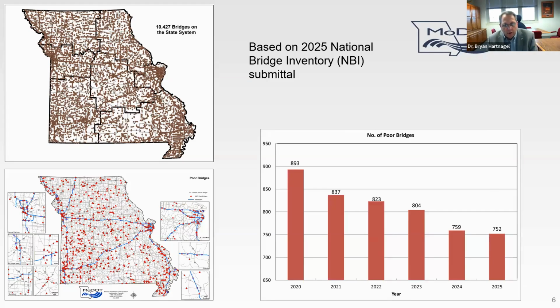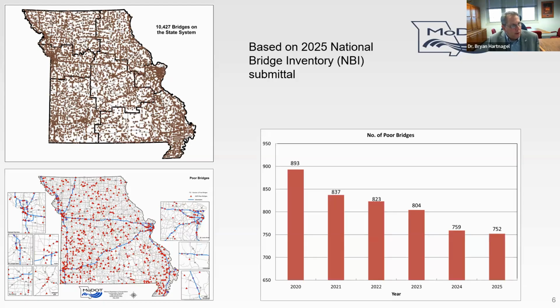It's also one of our tracker measures that you can find on our website, modot.org. But as you can see with the bar chart there, over the course of the last 6 years, we've reduced the number of poor condition bridges from just under 900 down to 752. The map in the bottom left shows where these are located.